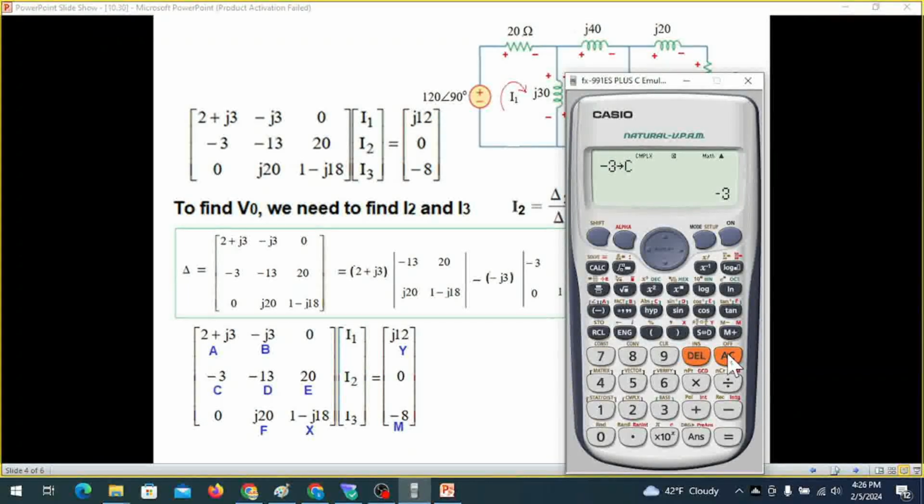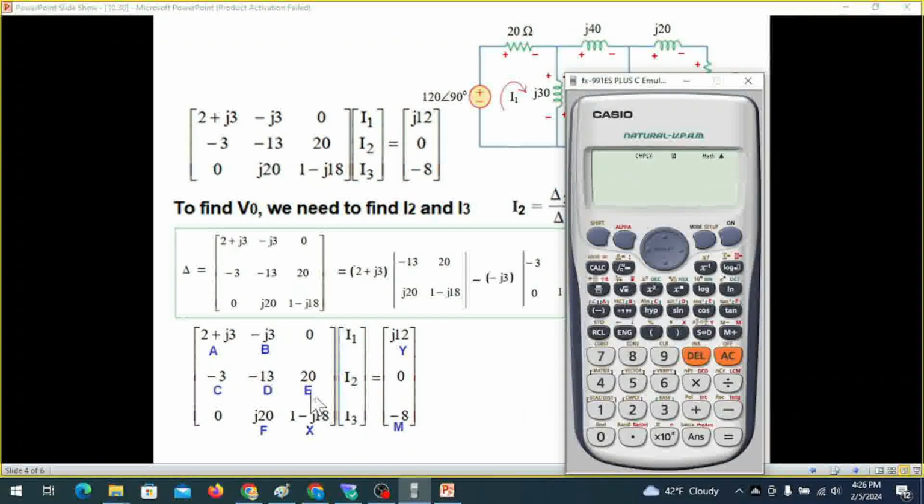It's done. Then D is minus 13. Minus 13, shift store D. So D has been assigned.